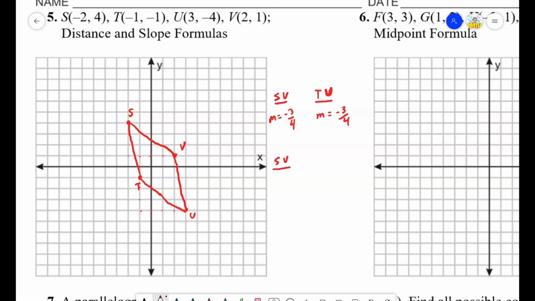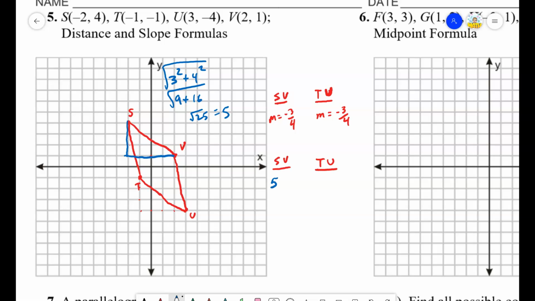So my distance for SV and my distance for TU. So from S to V, if we look at our triangle for a distance formula, we would have 3 squared plus 4 squared. Okay? And that's a famous Pythagorean triple, 9 plus 16. This is the square root of 25, which is 5.